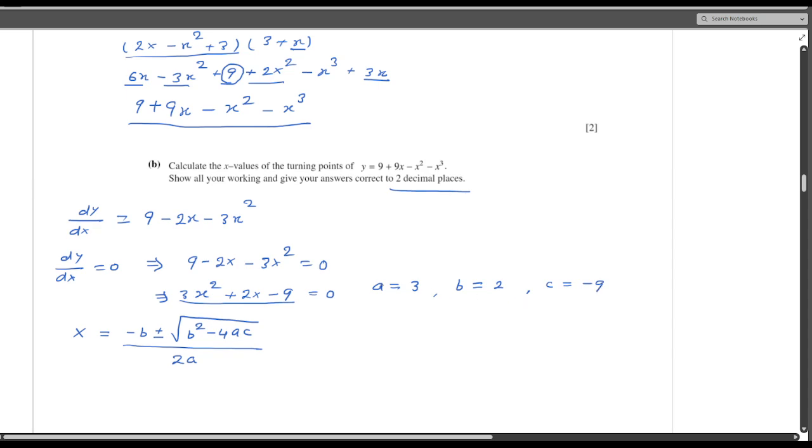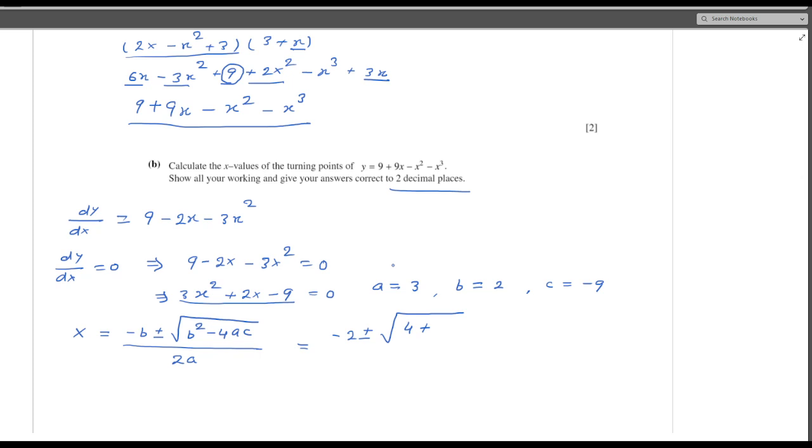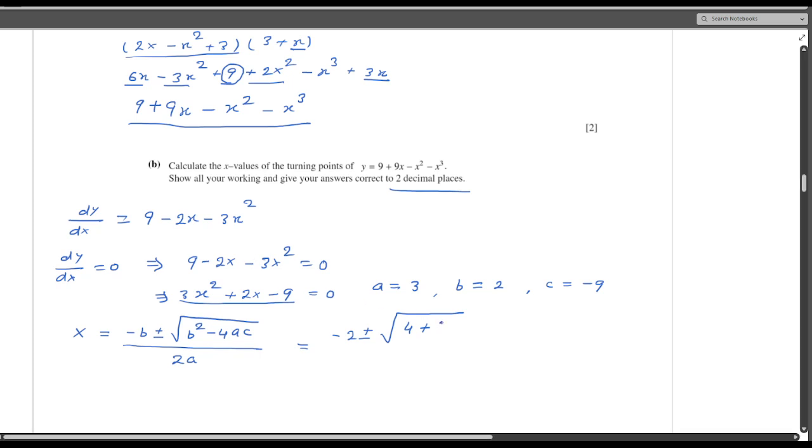I substitute these: minus 2 plus or minus the square root of b square, which is 4, minus 4 times a times c, so minus minus becomes plus, 4 threes are 12 and 12 nines are 108, and the whole divided by 2 times a, which is 3.